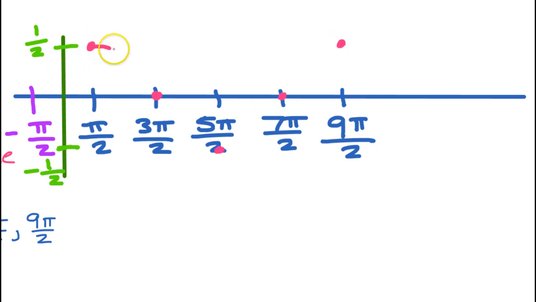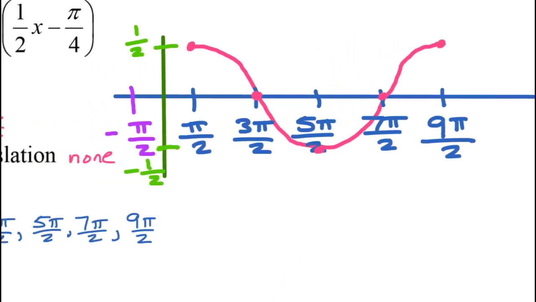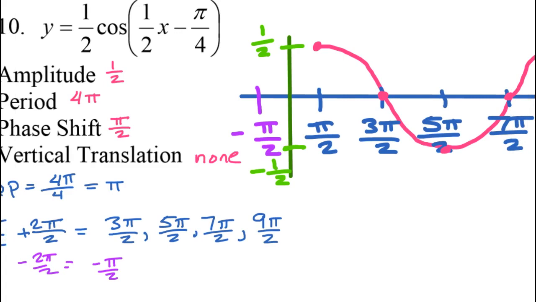So this graph of the cosine function should look something like this. Okay, and that is it. All right, so that was problem number 10.